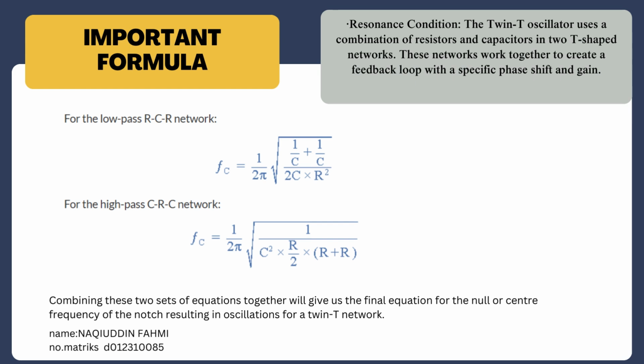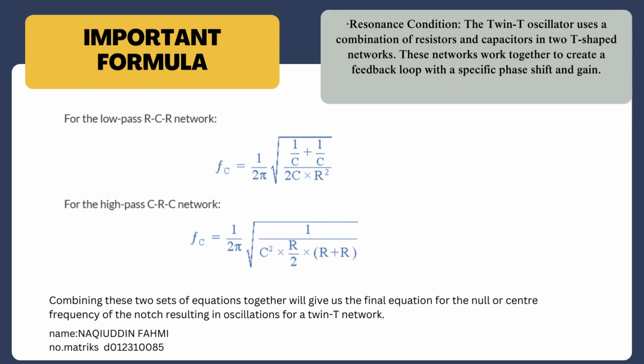For the low pass network, the cutoff frequency fc is given by fc = 1 / (2 pi square root of ... ) ... 2C R square. This is the formula. C represents the capacitor and R represents the resistor in the network.